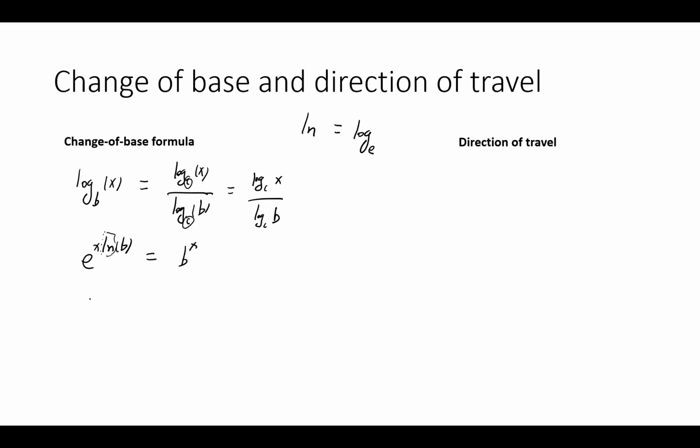Let me do a derivation here. e to the power of ln x should be equal to x. This is the rule for exponential functions with the exponent being a logarithm. Then this can be decomposed as e to the power of ln b, all to the power of x.